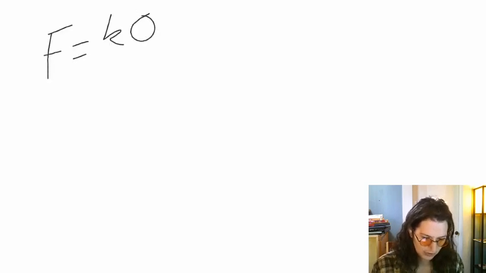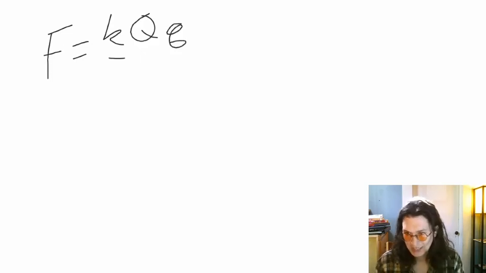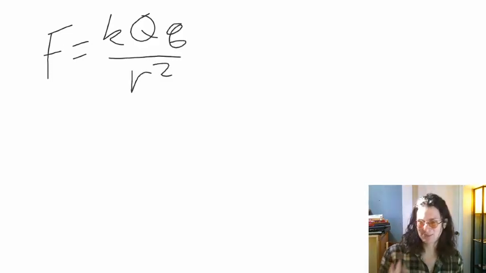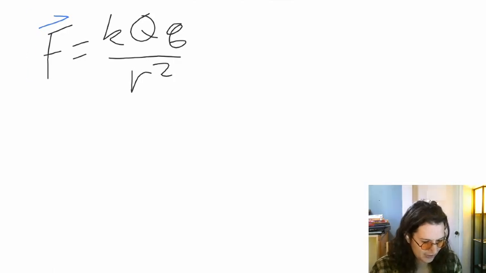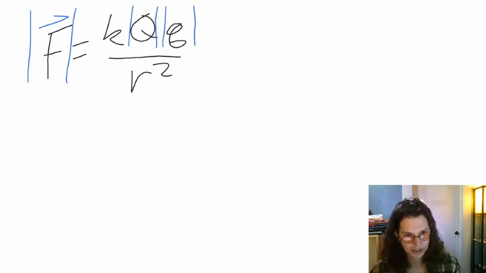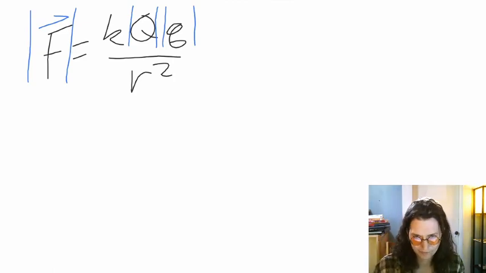The definition of the electrostatic force is F equals K Q Q over r squared. This is not a robust mathematical definition just yet. The force is a vector, and this equation allows us to find the magnitude of that vector, so long as we input the absolute values for the 2 charged objects experiencing this force from one another.